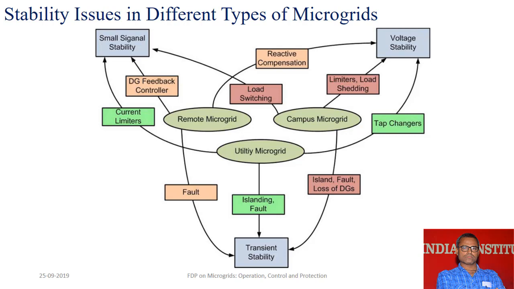Similarly for the remote grid also, we have different initiators which create these stability issues in the microgrid, right? The stability issues develop in the different microgrids because of these phenomena, right? Okay. This is also taken from some reference, you can read it.